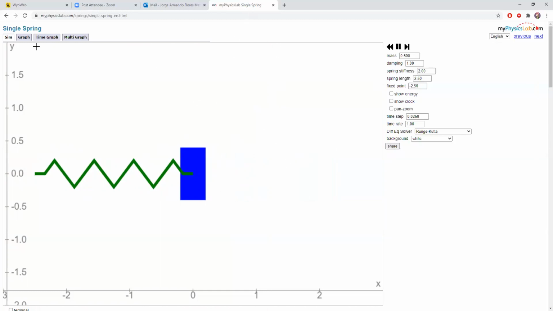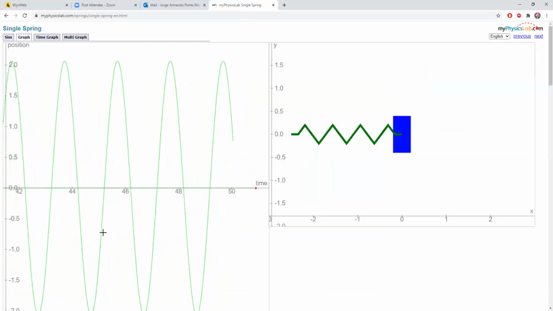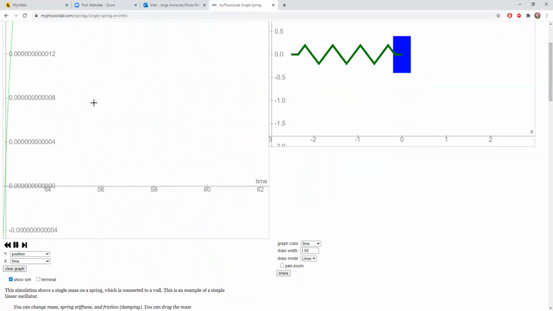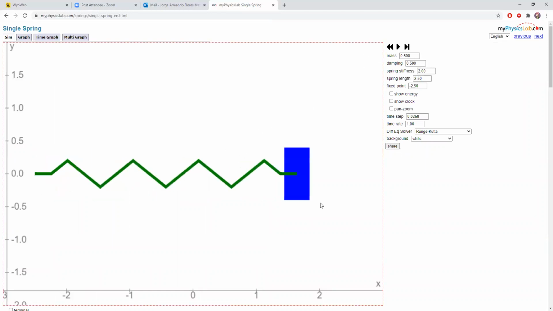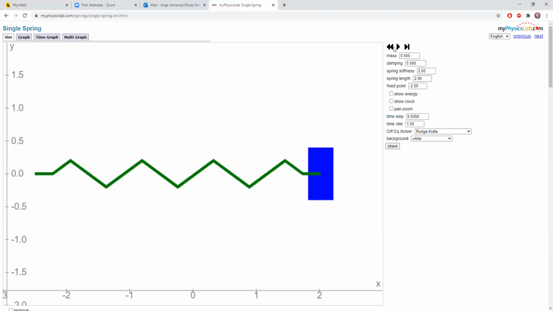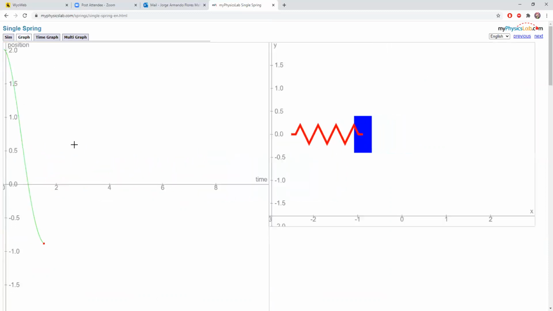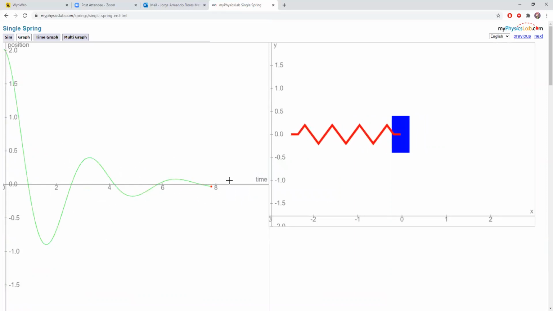So this is as good a picture as I can show you. Actually, let's see a graph, see how it looks. So let me do it smaller, so it takes a little bit longer. It's 2.5. Restart this. I'm going to press play and go immediately to the graph. And you see the motion. It starts at 2, but then we're losing energy, so the oscillations become smaller and smaller and smaller, and infinitely smaller until we basically reach the equilibrium position, right?